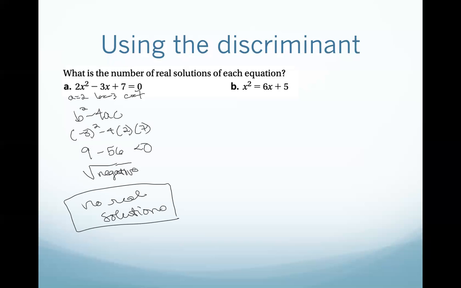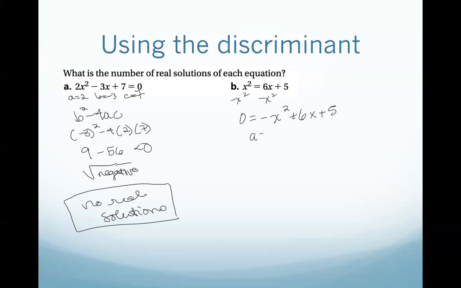If we look at part B, first thing we have to notice is that this is not in standard form, so we need to get all of our terms on the same side. It doesn't matter if you move them to the right or to the left. I'm going to show you what happens if I subtract the x squared instead. 0 equals -x squared plus 6x plus 5.